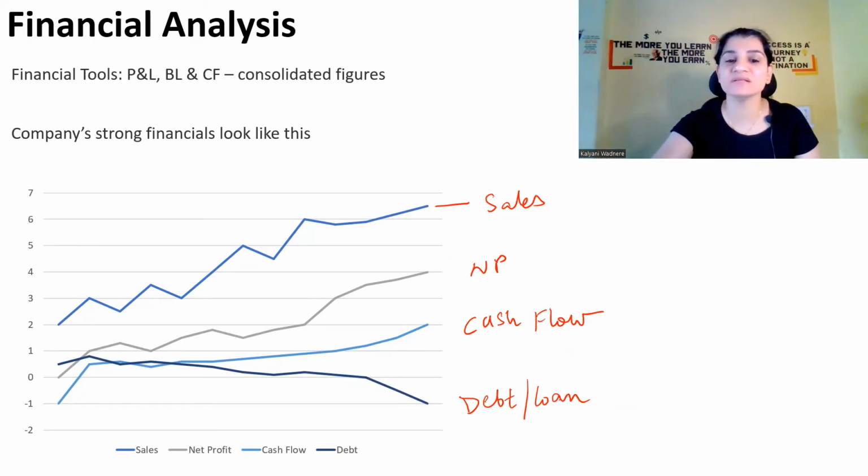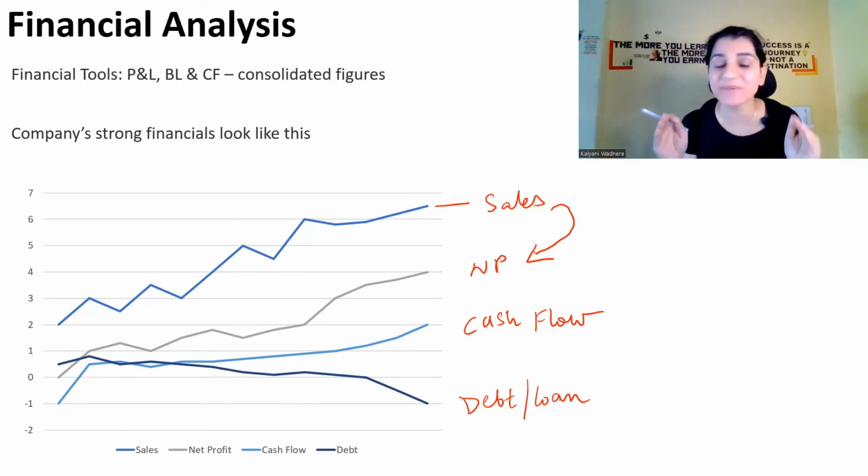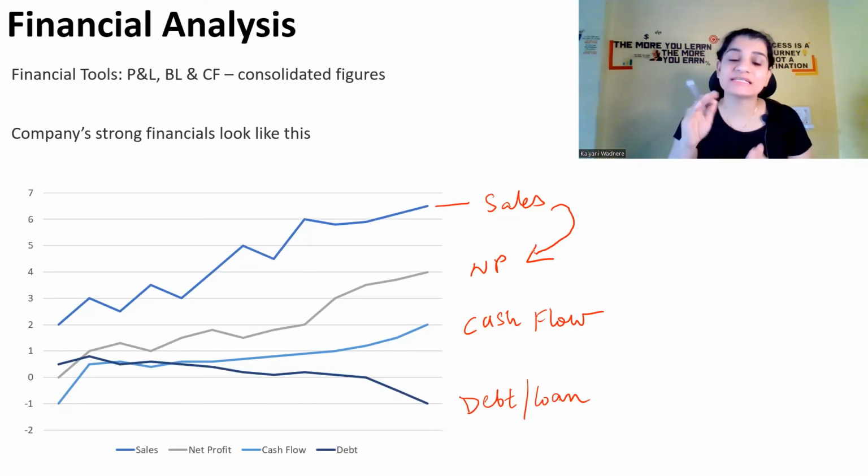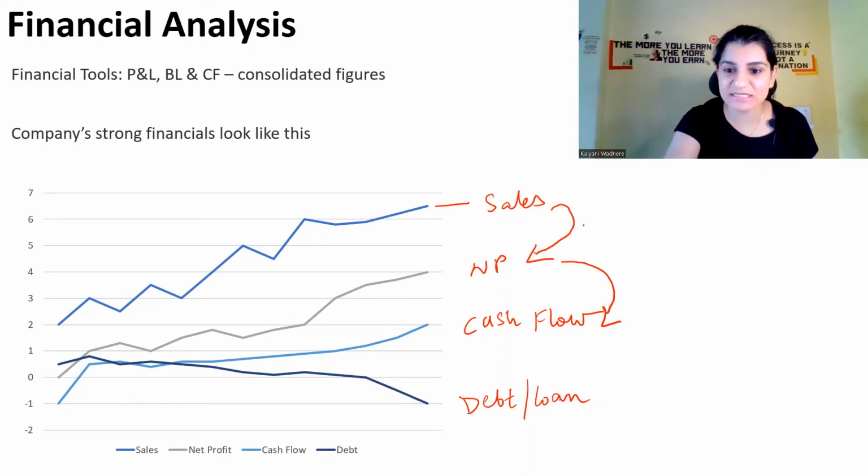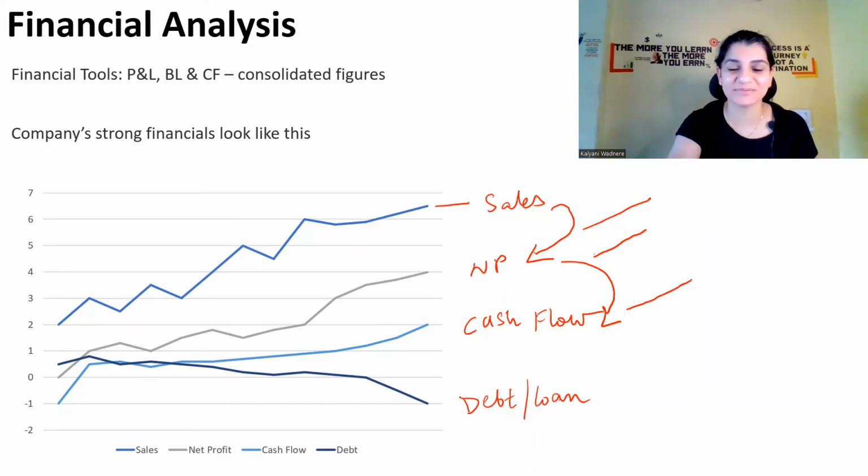So when the company's sales are growing, that sales has to get converted into profits. And whatever profit the company is showing in its P&L statement, it has to get converted into cash. This sales has to be growing, net profit has to be growing consistently, and cash flow also has to be growing.